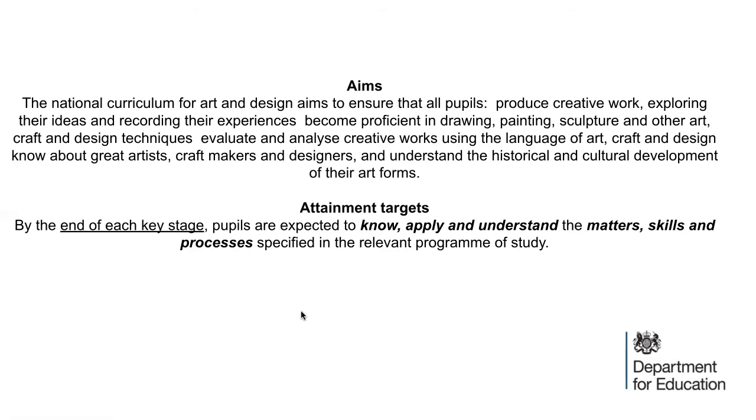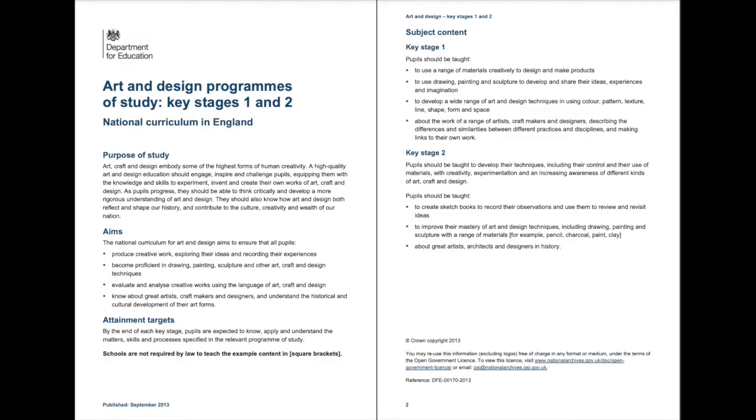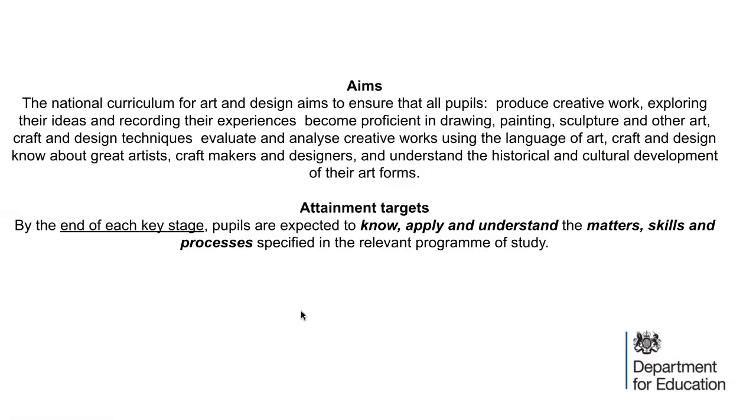Now, the relevant programme of study, as presented in the national curriculum document, is a 2-page document, and it doesn't really include specifics. It gives us a general idea of what should be covered and the approaches we might take, but it doesn't give us lists of genres or artists or specific skills. Of course, it mentions drawing, painting and sculpture and other craft and design techniques, but it doesn't give us specifics.